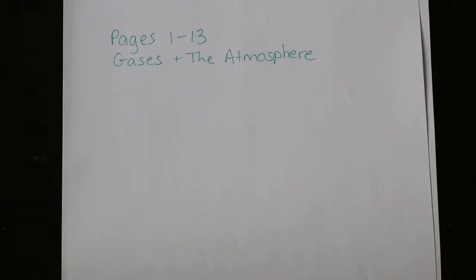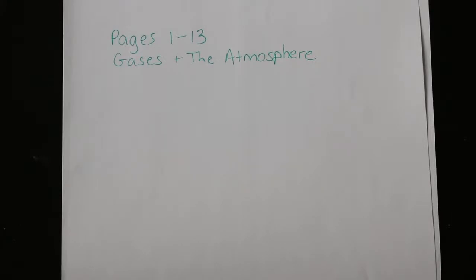So in general for this unit, what we're going to be doing is talking about gases, and many of the different formulas that we can apply to gases. But before we do that, we're going to start talking about the atmosphere in general. Like I said, the majority of this stuff is up to y'all to have a read over and appreciate, and then just let me or Mr. C know if you have any questions.